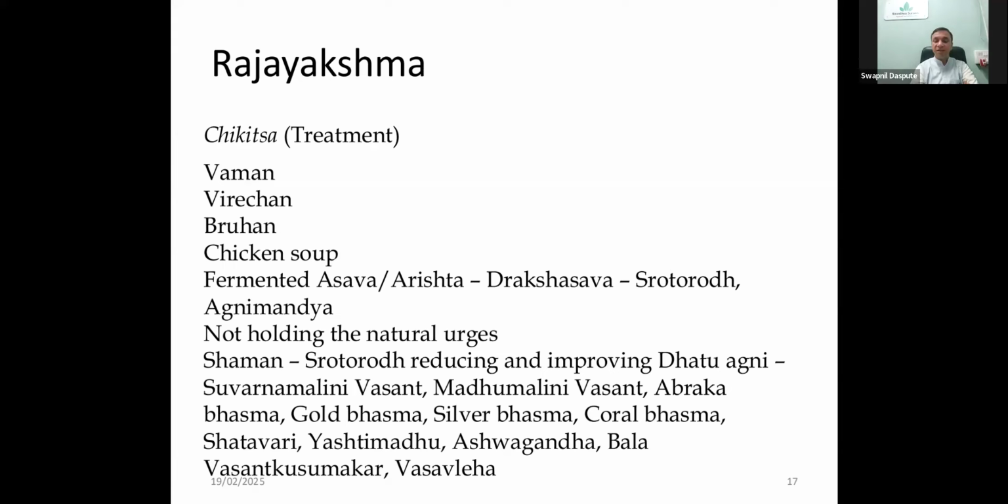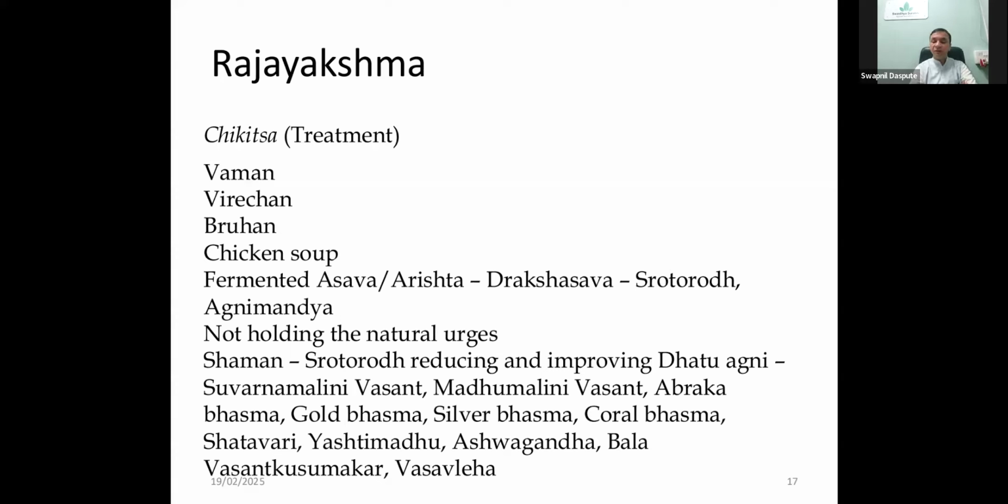Bruhana Chikitsa is nourishing to all the dhatus. However, we have to check the Jathar Agni, the Dhatu Agni, see the effect of that particular food item or medicine, and then accordingly increase the quantity.